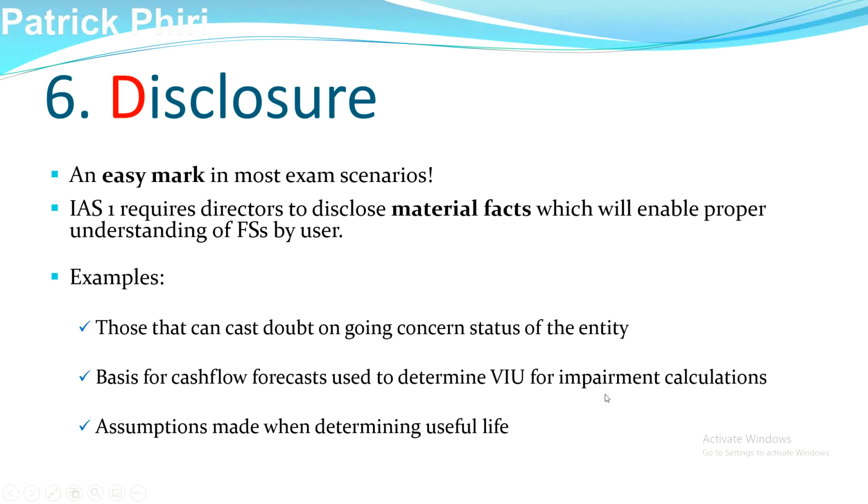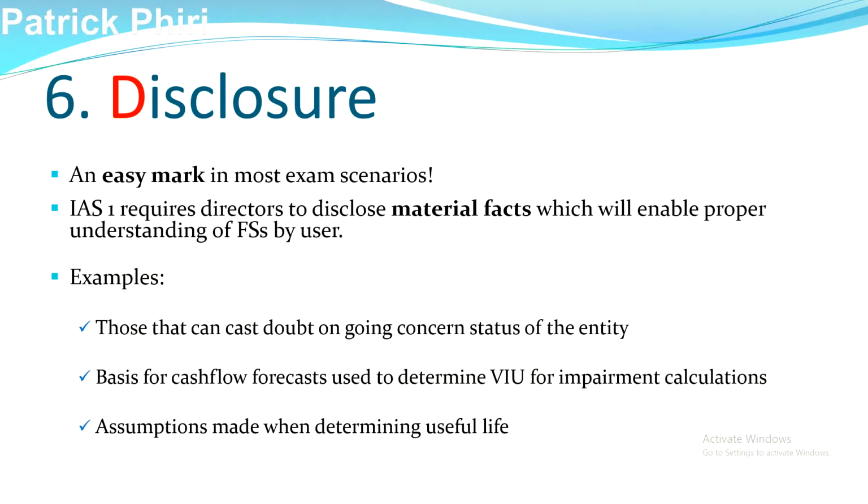Okay, you're trying to determine a recoverable amount. So recoverable amount, it's the higher of value in use and fair value less cost to sell. So value in use, the present value of future cash flows from continued use of the asset. Future, that's an uncertainty. Okay, what is the basis for the cash flow forecast? You may have to disclose that.